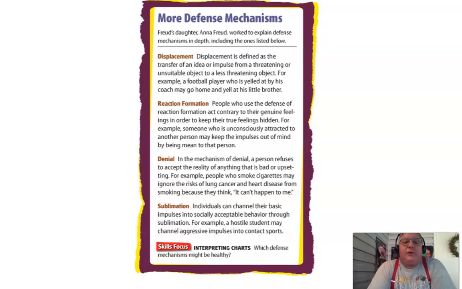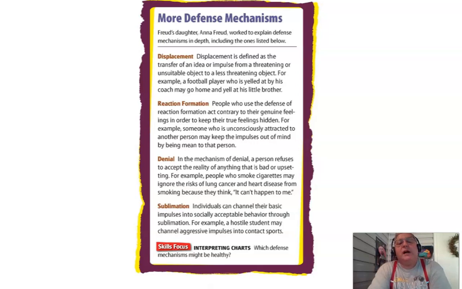All right, so there are other defense mechanisms that we see. Freud's daughter, Anna Freud, worked to explain defense mechanisms in more depth, and she included the ones listed below. Displacement is defined as the transfer of an idea or impulse from a threatening or unsuitable object to a less threatening object. For example, a football player who is yelled at by his coach may go home and yell at his little brother.